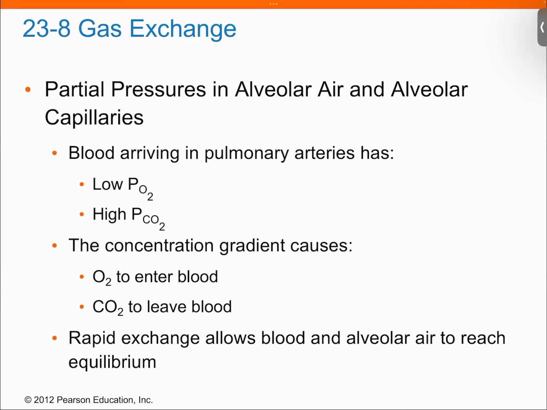So let's take a look at the oscillation of some of these pressures. So first of all, we're going to be taking a look at the pulmonary arteries. So these are the arteries that are basically coming to the lungs from the right ventricle, the pulmonary system, that's full of deoxygenated blood. So it has low partial pressure of oxygen, right? Because the tissues have already sucked off all that oxygen, they've used it. They've picked up a lot of CO2 from the system, so they're high in CO2.